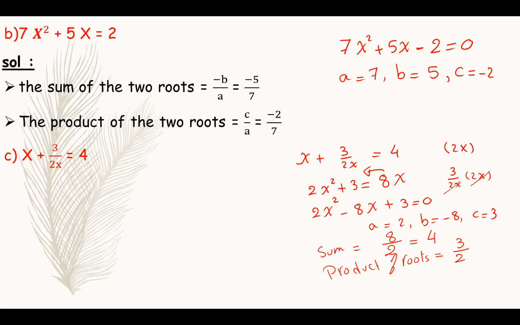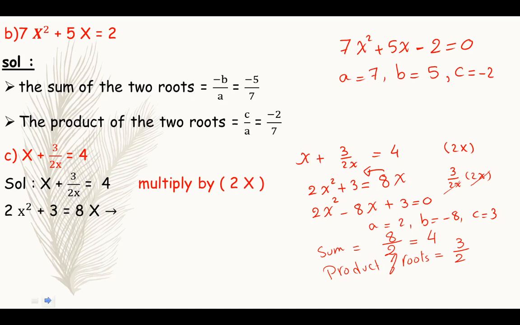Okay, let's solve it quickly by using the PowerPoint solution. Here we are going to multiply by 2x, so x multiplied by 2x will be 2x squared. 3 over 2x multiplied by 2x, 2x will cancel 2x, so the remainder will be 3. 4 multiplied by 2x will be 8x. 8x will go to the other side, so the result will be 2x power of 2 minus 8x plus 3 equals 0.